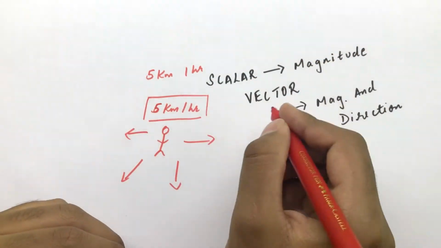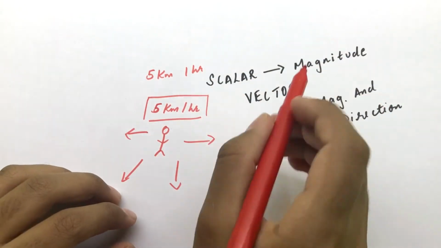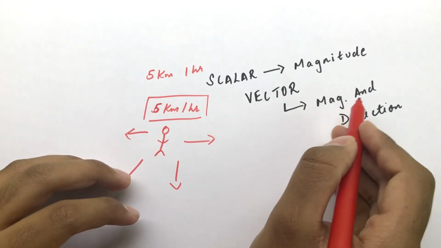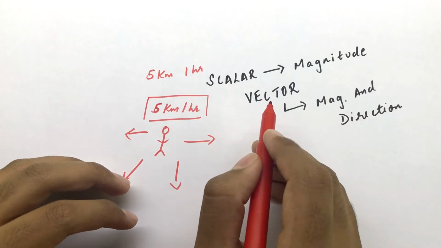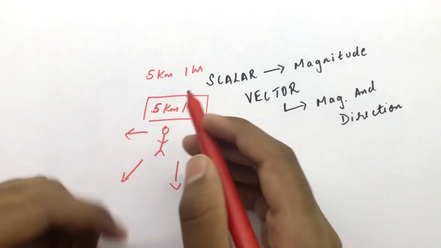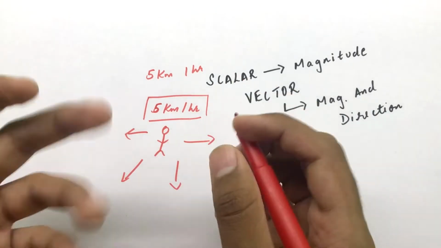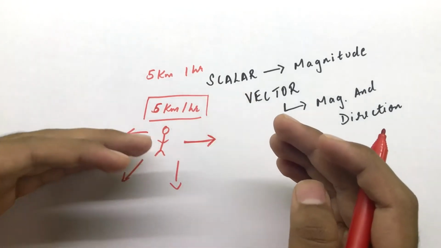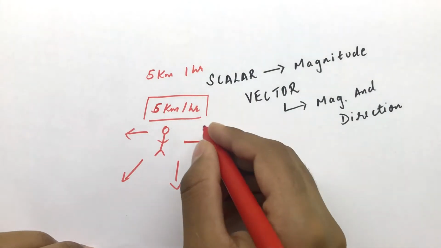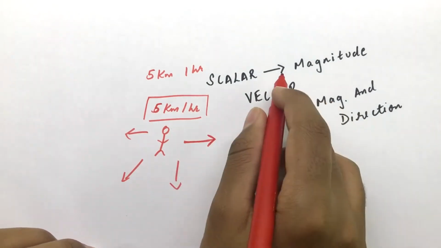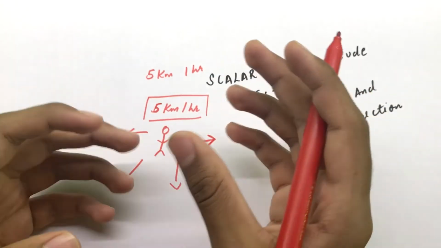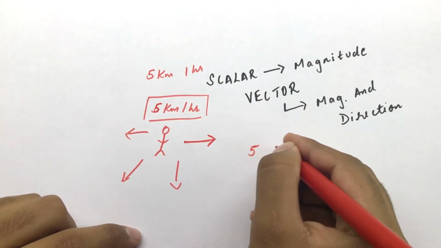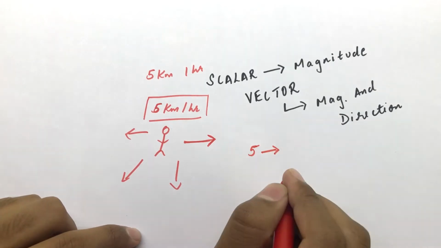This is where a vector quantity comes in handy. A vector quantity, as I said, is a quantity which has both magnitude and direction. The magnitude part, as we saw, is the 5 kilometers per hour. Now if I tell you this person is moving along this arrow, along the positive x-axis like this, then the vector part is the quantity which tells you this man is moving with a speed of 5 kilometers per hour along this direction.